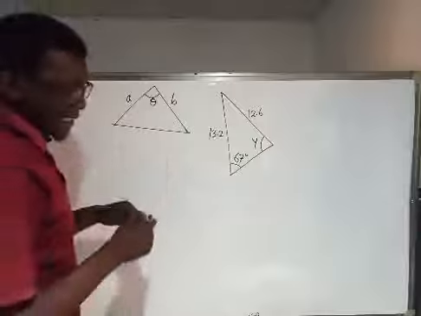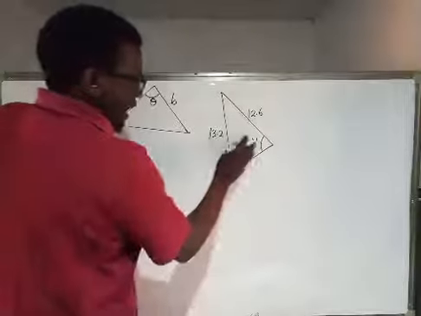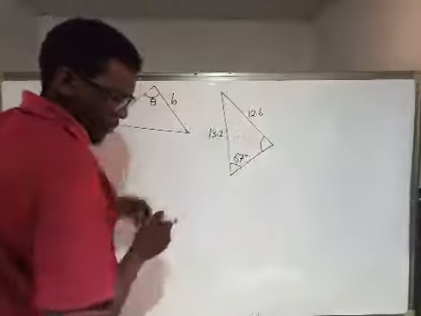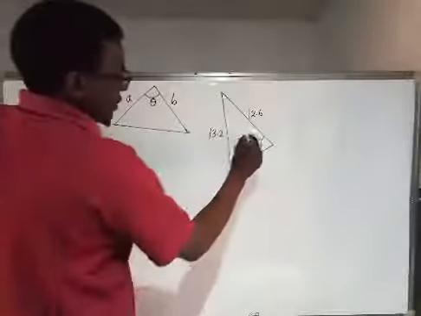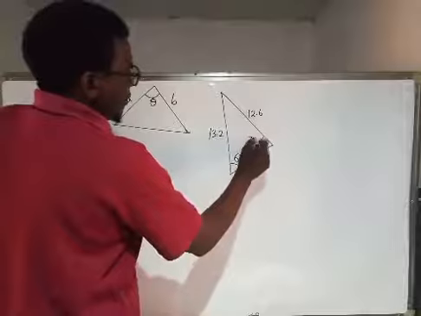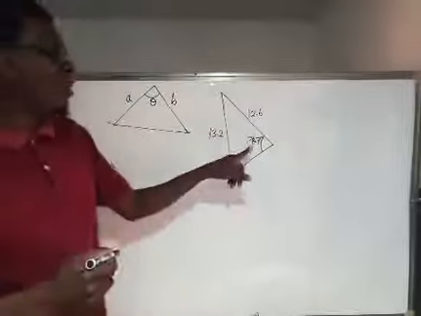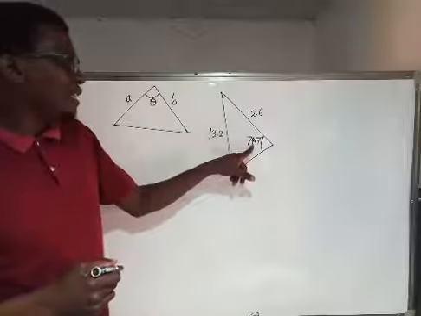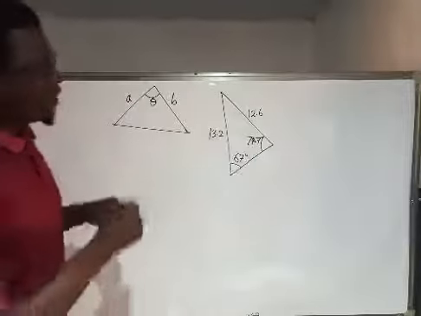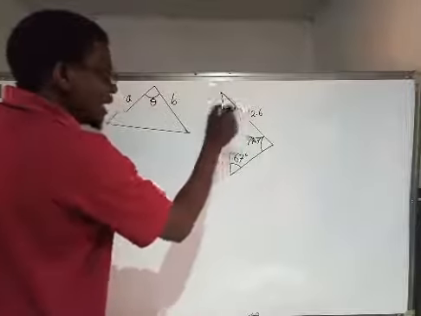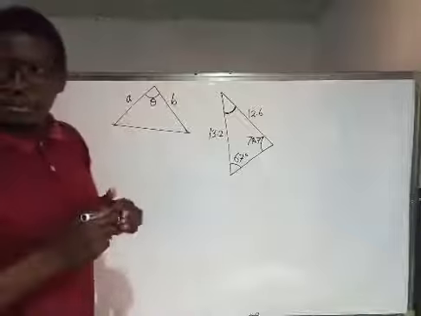Now, when we calculated, we found that this angle was 74.7. For us to calculate area, we need to use the angle here, this angle. You get the point?